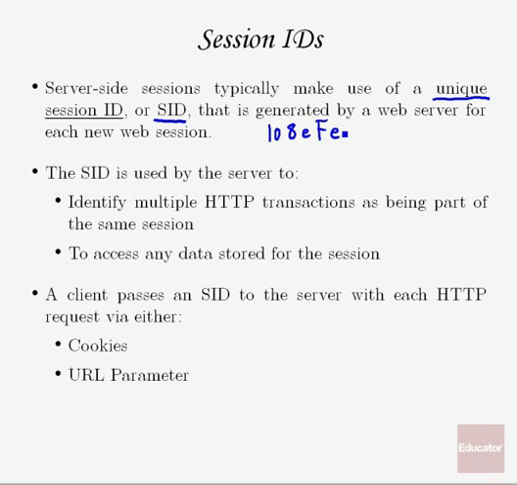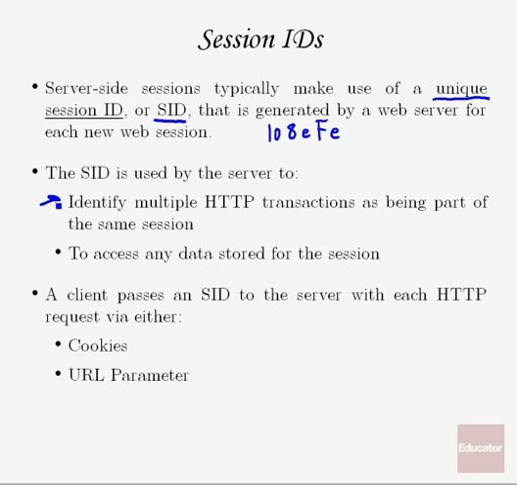So the web server will generate this SID, and it uses that unique session ID to do two things, which are part of what we just explained are necessary for sessions. It's used to identify multiple HTTP transactions as being part of the same session.